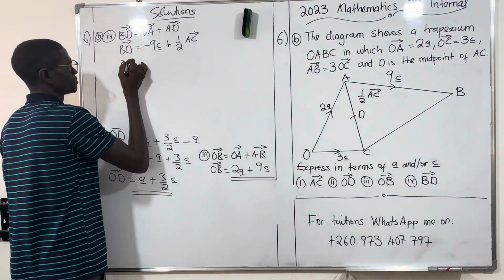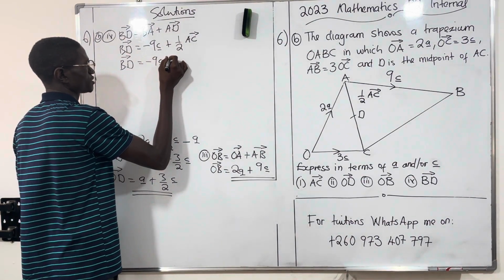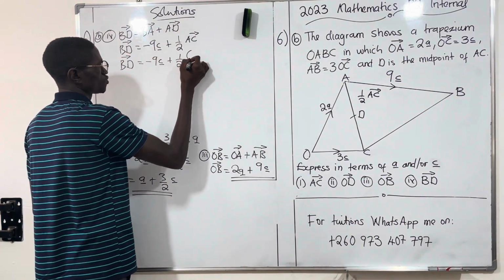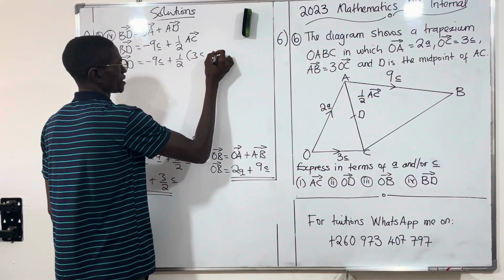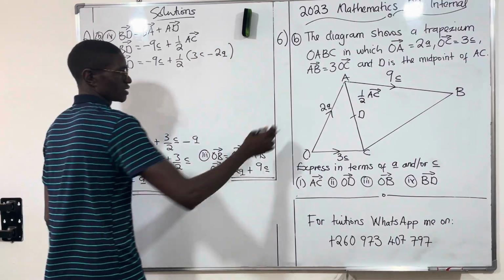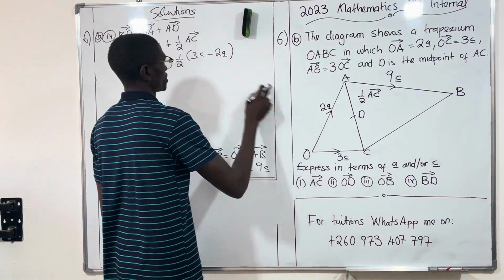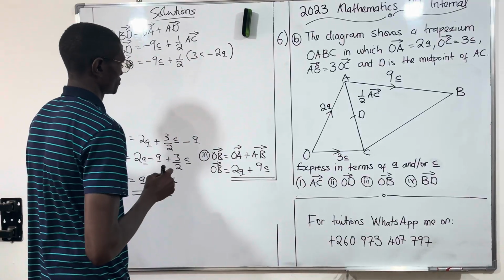Okay. BD is equal to negative 9 vector C plus 1 over 2. That was 3 vector C minus 2 vector A. Okay. AC. So negative 2A is what we have there. Positive 3C. Okay. That is that.